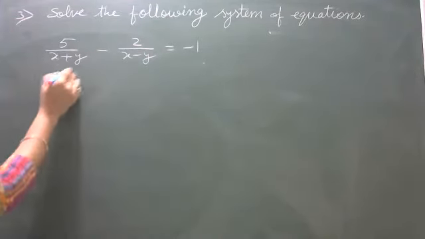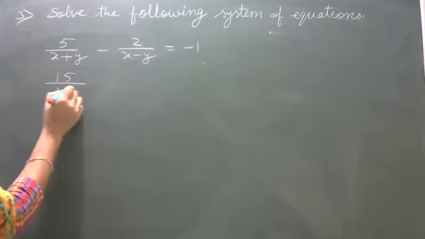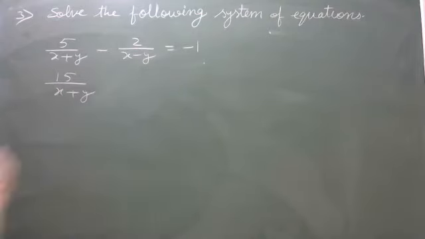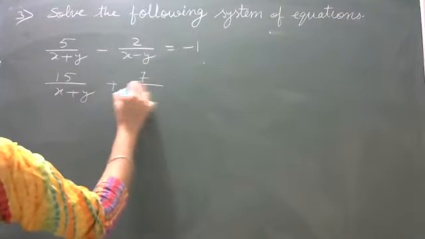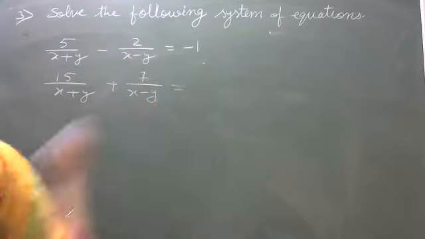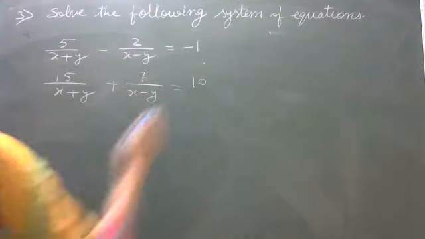And the second equation is 15 over x plus y plus 7 over x minus y is equal to 10.